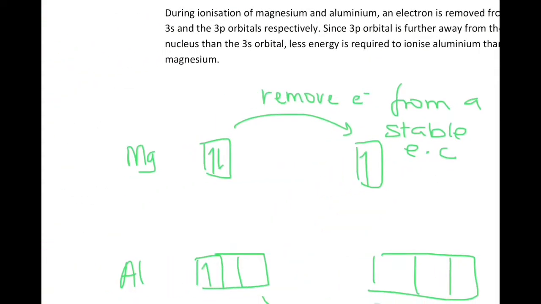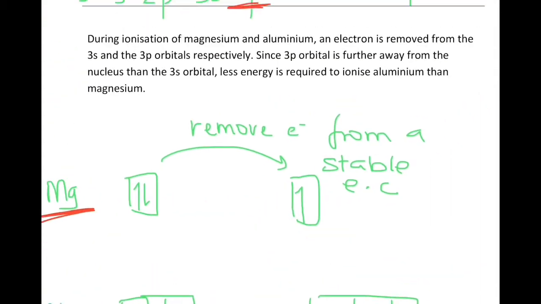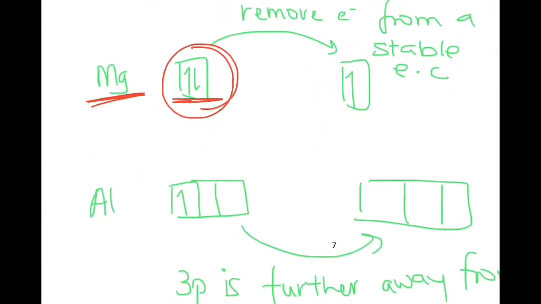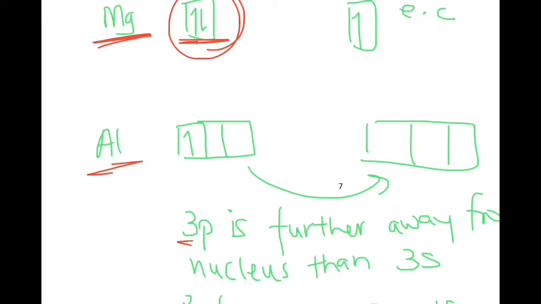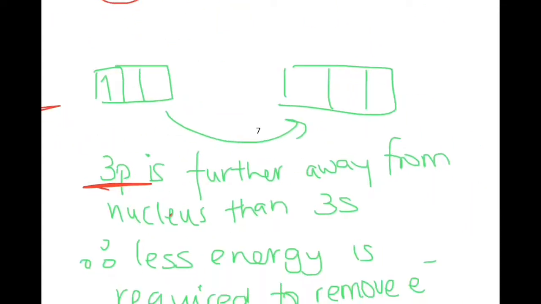So for magnesium, you're removing an electron from a stable electronic configuration. This is a completely filled orbital, so it's stable. But for aluminium, you're removing an electron from a p subshell, from a p orbital, which is further away from the nucleus than the 3s orbital.